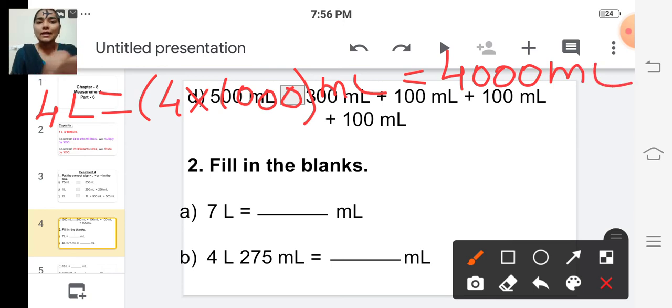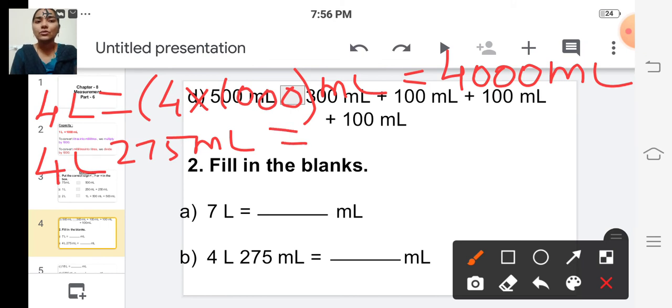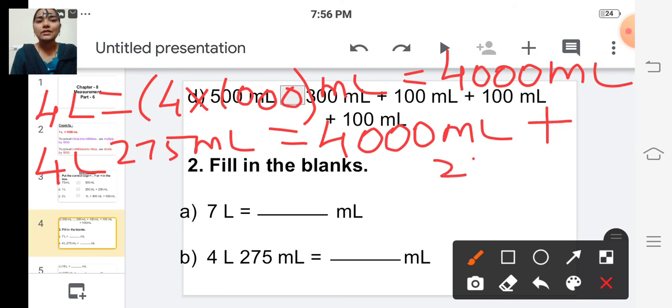And the next step, so 4 liter and 275 milliliter is equal to 4000 milliliter plus 275 milliliter. So we have to add.